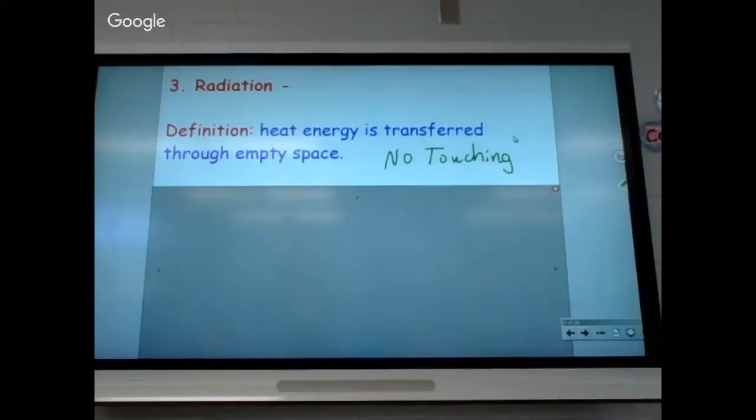Now I'm going to fix the mess that's probably in the car. He can only transfer one way. How many ways do we say we transfer heat?